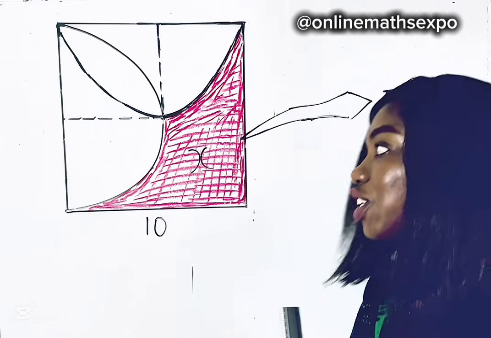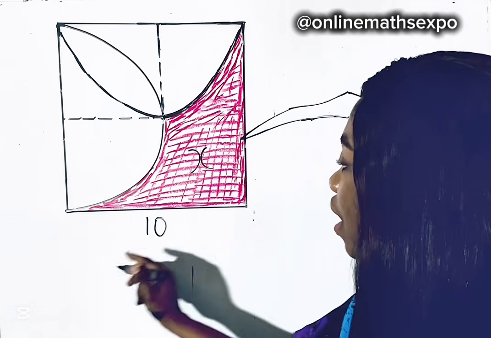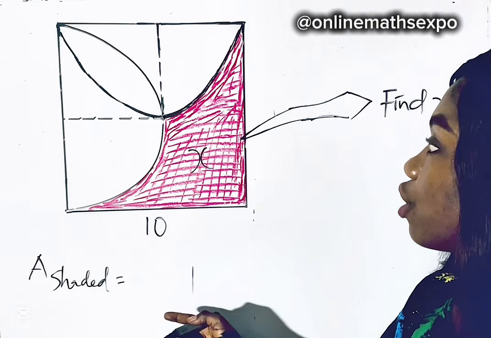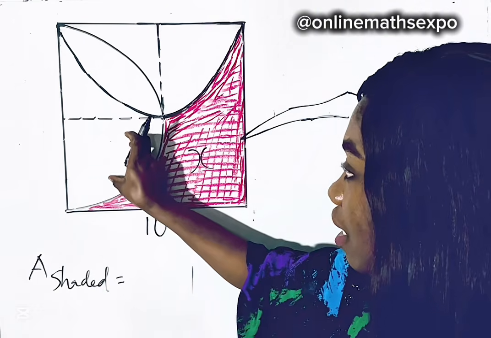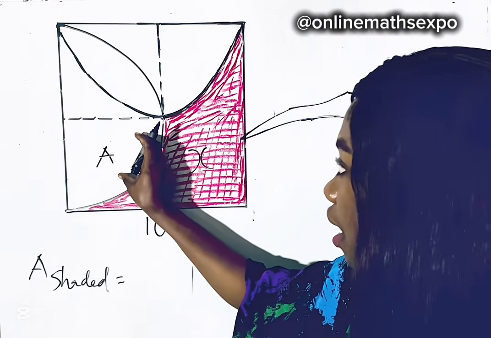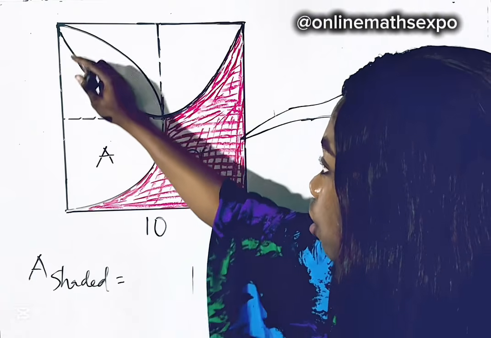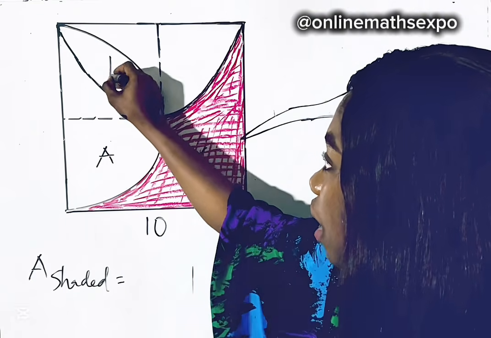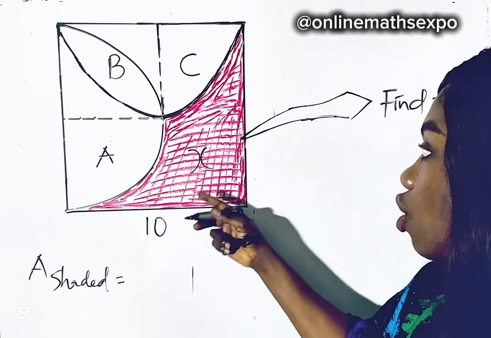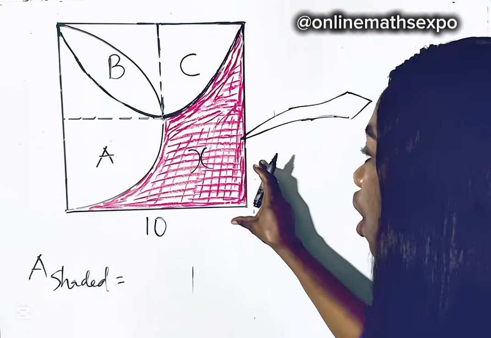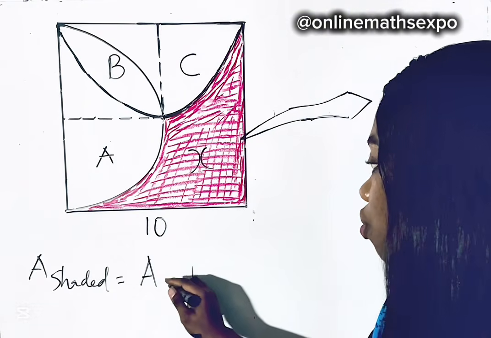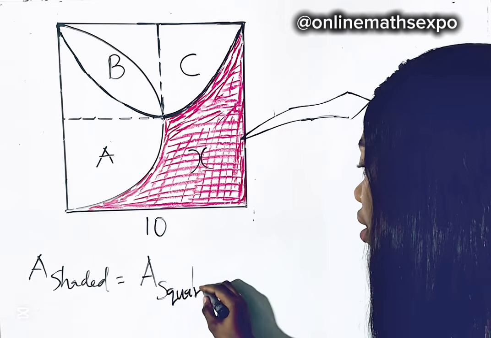Observe closely. You will see that if we are to find the area of this shaded region, we need to find the area of this part, which let's label A. Then find the area of the whole of this part, which we can label part B. Then find the area of this part, which is C. Then we subtract these three from the area of the big square.